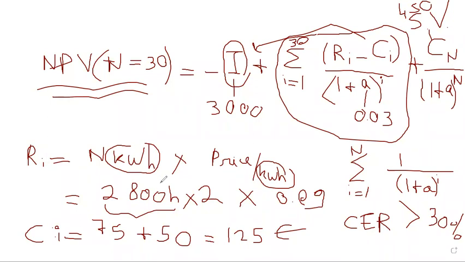Or also, we can increase the number of operation hours, but we should make sure that this will not be bad for our turbine. Another strategy also might be to try to reduce the operational and maintenance cost. So we have a lot of strategies that we can tackle in order to enhance the CER.